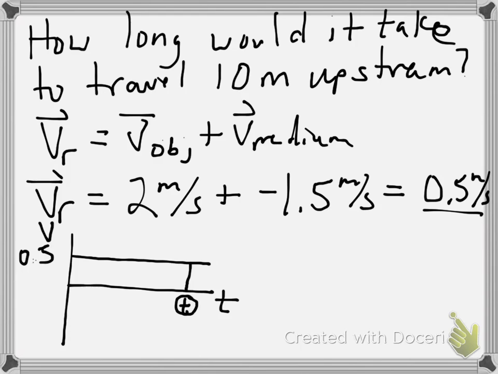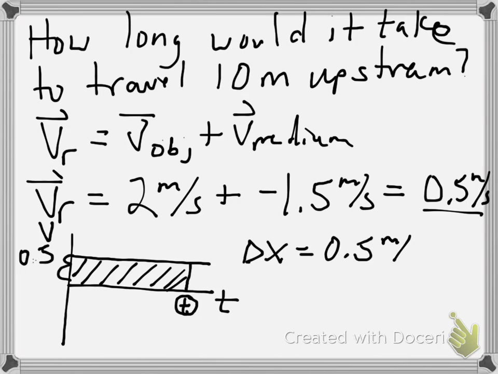Well, we know that the area under a velocity time graph is displacement, so we can write an equation for this. Displacement is this area, that's a rectangle. We know the height of our rectangle is 0.5 meters per second, and the length, we don't know it, but we've created a variable, is some time.